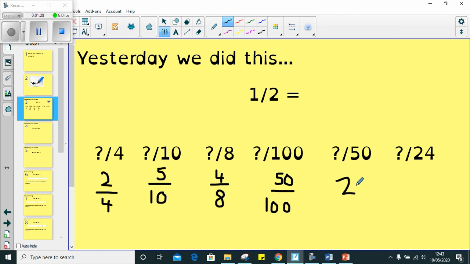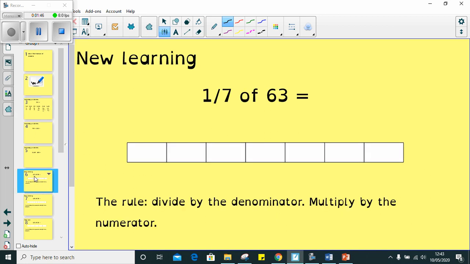And a half, 25: half of 50 is 25, so 25 is our numerator, 50 is our denominator. And then half of 24 is 12 over 24. Lovely. Right, this is what we're going to be doing today.